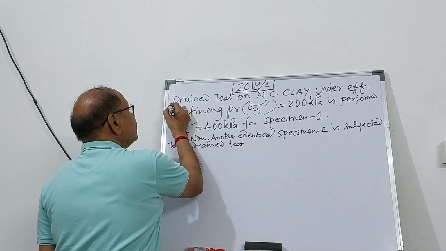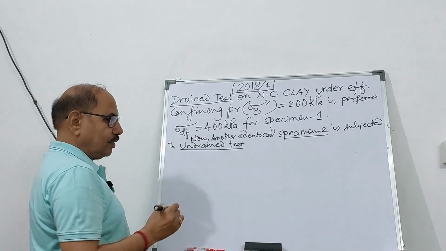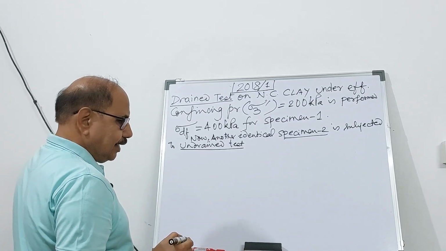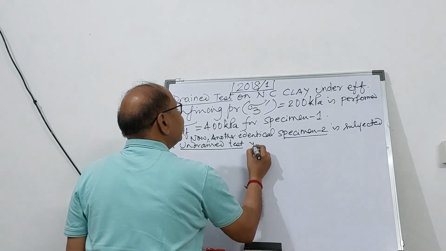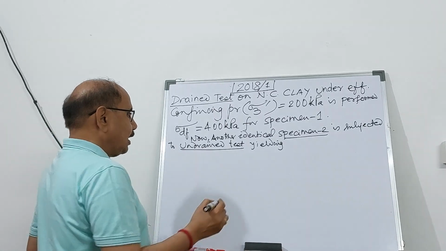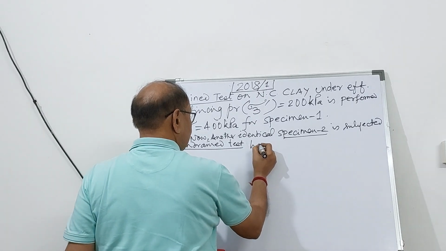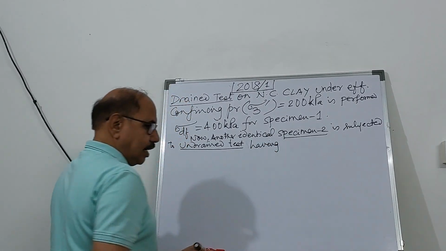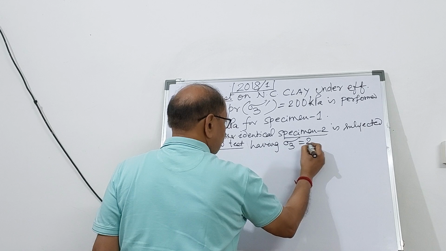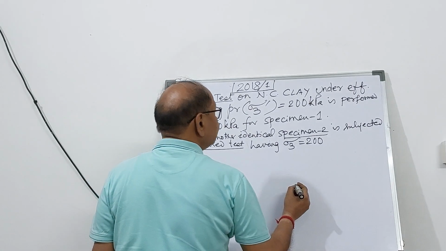So on specimen 1, you did a drained test. Now on another specimen of the same clay, you are doing an undrained test, having data sigma 3 equal to 200 kPa.